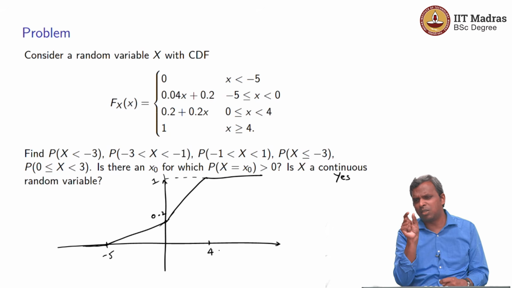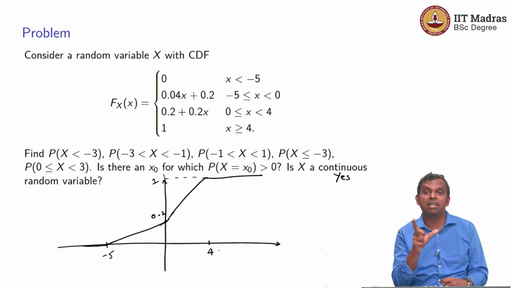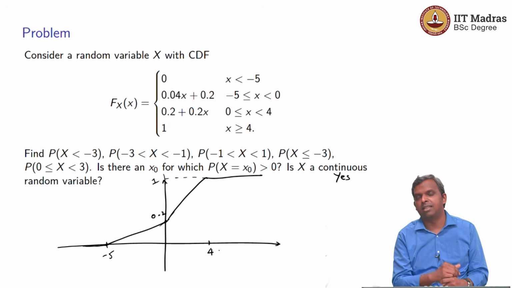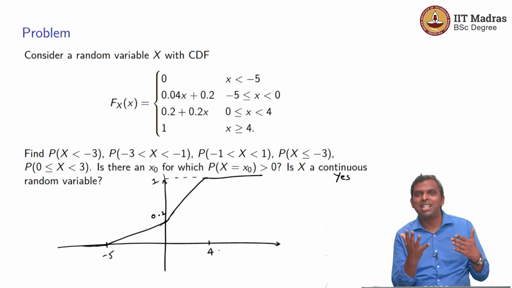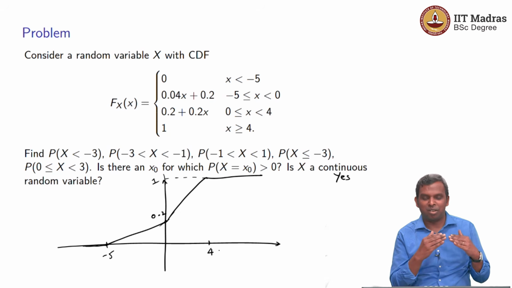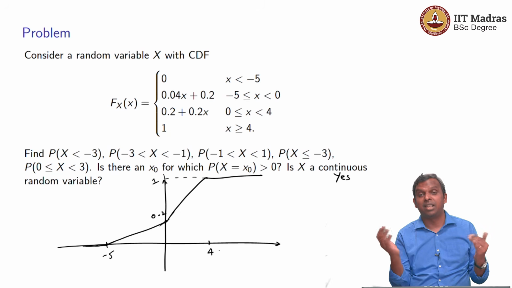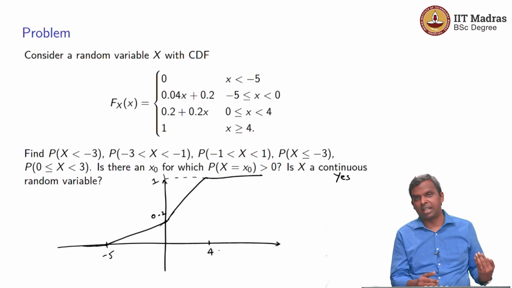But if you put a small enough interval, then you'll get a small probability. Okay, intervals have non-zero probability. A particular value with infinite precision has 0 probability for continuous random variables. So the continuous and the discrete are two different worlds. Okay, and when you have a continuous CDF, you have a continuous random variable, and its behavior is very different from a discrete random variable.